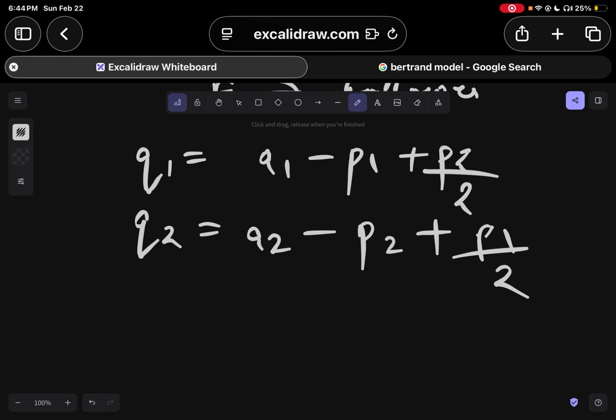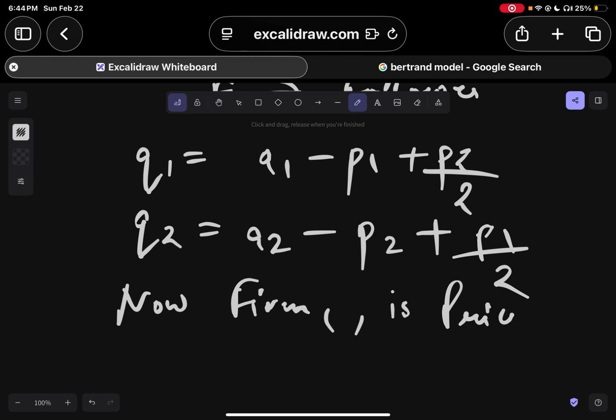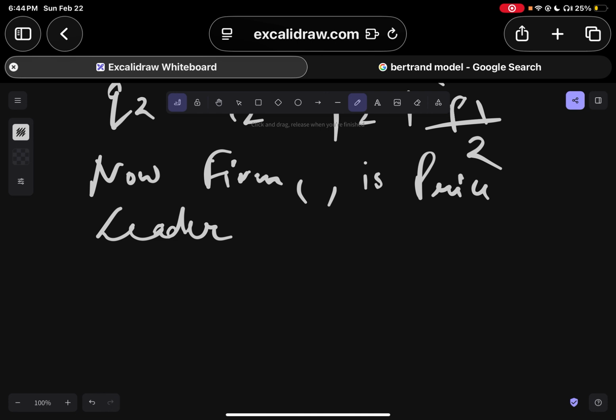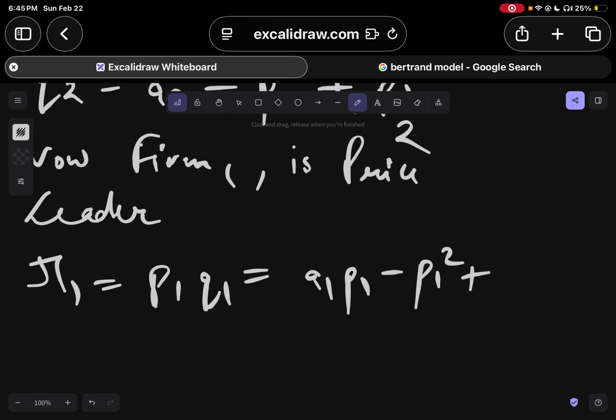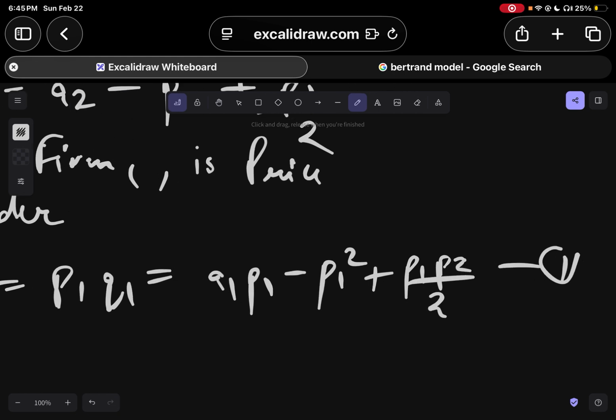Now, since firm 1 is the price leader, we can write the profit equation as P1 into Q1, which is A1 P1 minus P1 square plus P1 P2 upon 2. This is equation 1.